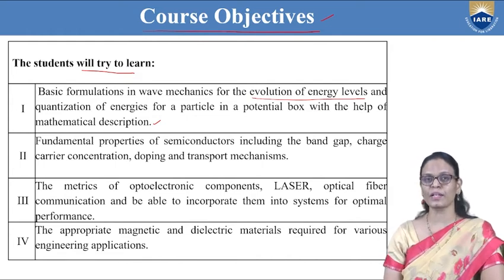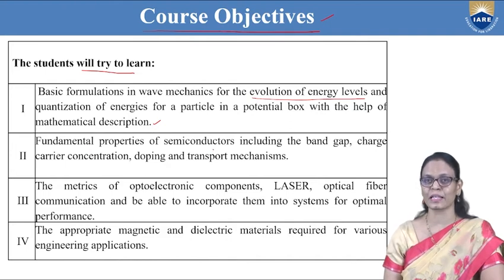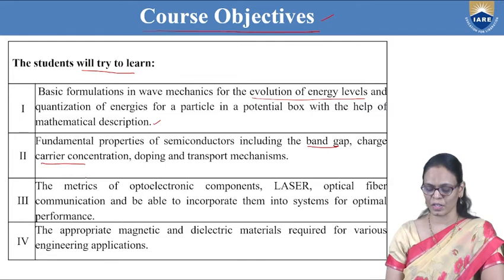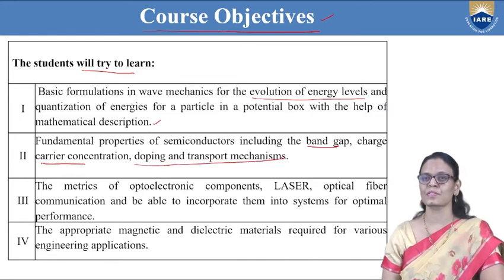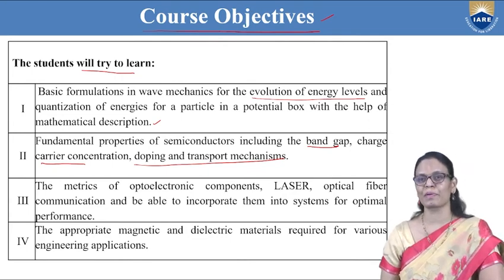And then the second one is, they will learn the fundamental properties of semiconductors, including band gap, charge carrier concentration, doping and transport mechanisms. Again, when it comes to branches of computer and electronics, all these things are very important: how carrier concentration takes place, what is doping, transport mechanisms.